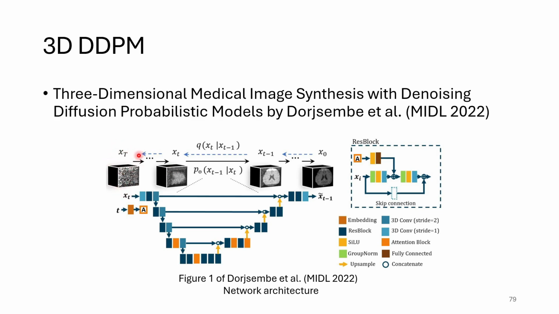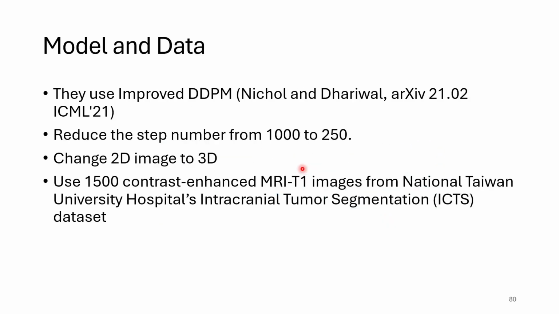Then from the purely noise image, we reverse step by step and generate the clear image. So the architecture is DDPM, but they use the improved DDPM because they want to use the cosine noise schedule, reduce the steps from 1000 to 250, and change the 2D image to 3D image. That's almost all.